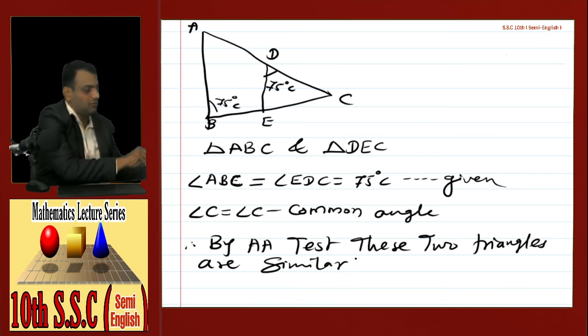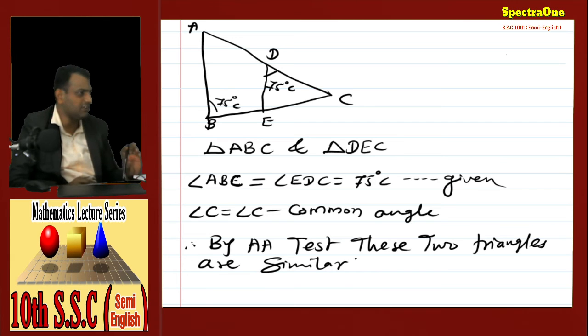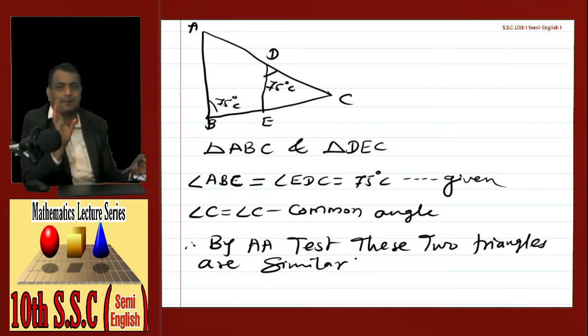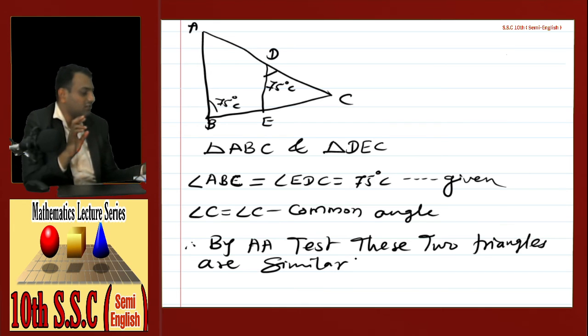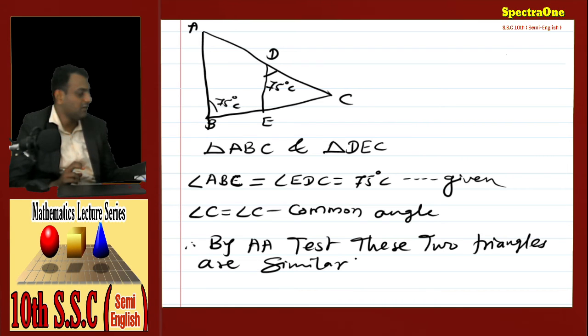I hope all of you understood this example. What we did here is we considered by which test the triangles are similar. Okay, very simple example from practice set 1.3.